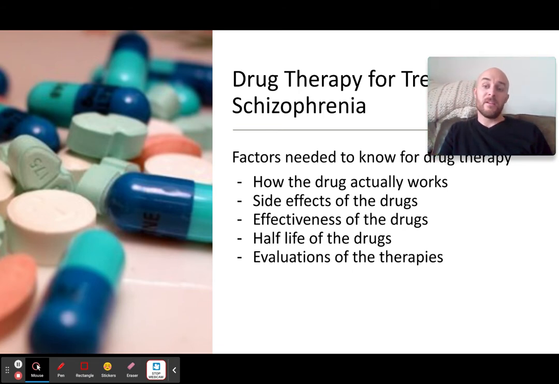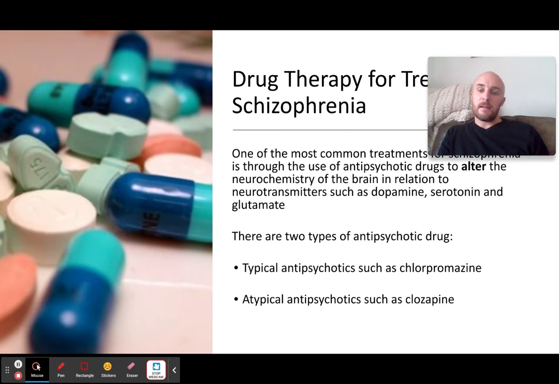So I would argue you need to know some statistics about how effective drugs are in the treatments of OCD or schizophrenia or addiction, etc. You need to know the half-life of the drugs. I'm going to probably go into the half-life of the drugs here, as well as any evaluations for drug therapy, of which there are some main ones. So let's make a move.